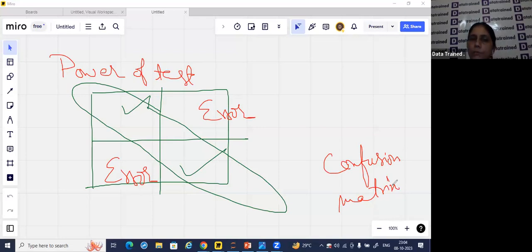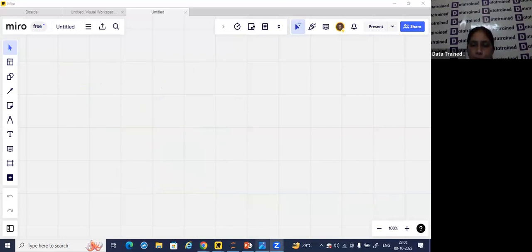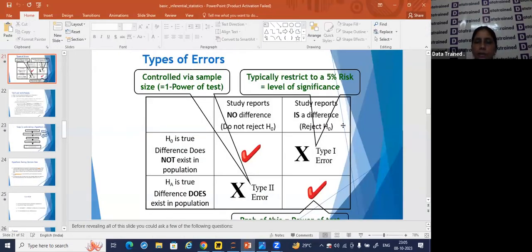Power of test or confusion matrix we can call. So we'll be using it in future. So this one is just an introduction to the power of test or matrix. So here, this one is the same here. We call it a power of test. And when we check out these values here, type 1 error and type 2 error, this one here and this one.